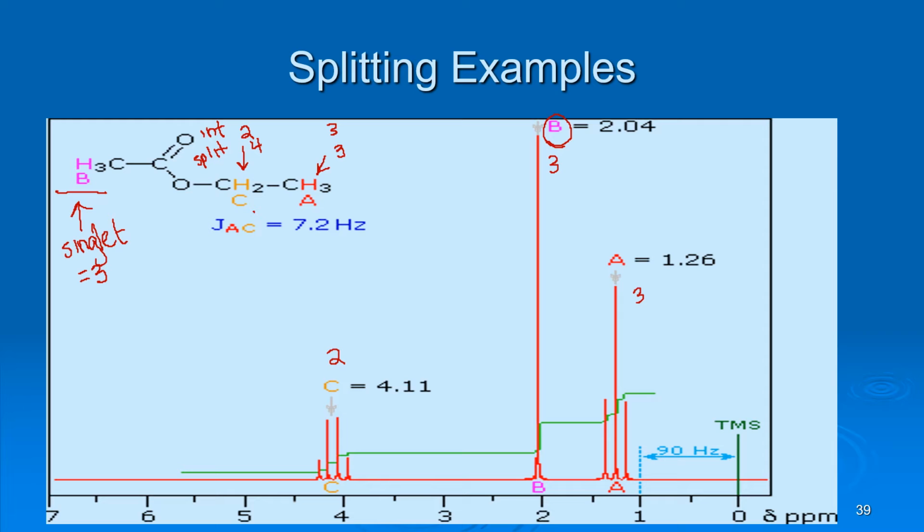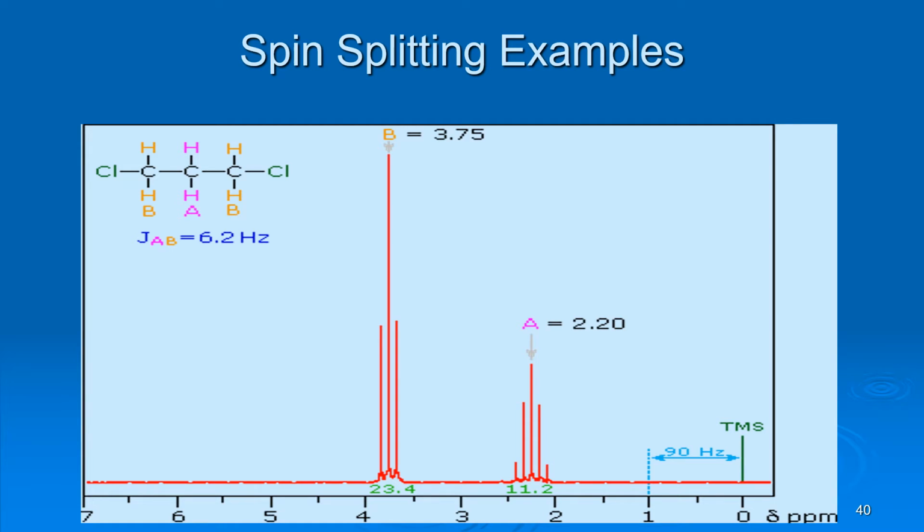But then you can also start looking at the splitting, and we know that this has to be hydrogen C because it's split into 4, and we know this has to be hydrogen A because it's split into 3. And so it adds some complexity, but in a way you can start to see which hydrogens are on carbons that are next to each other.